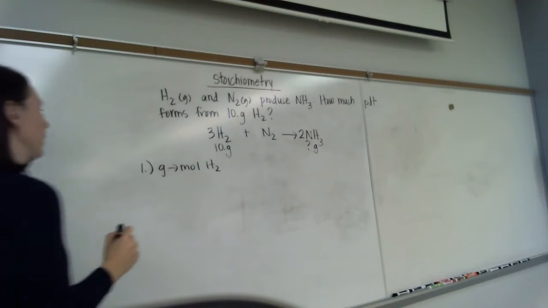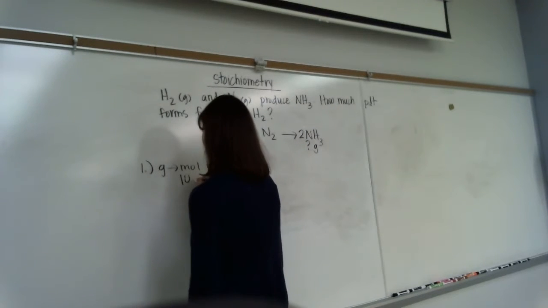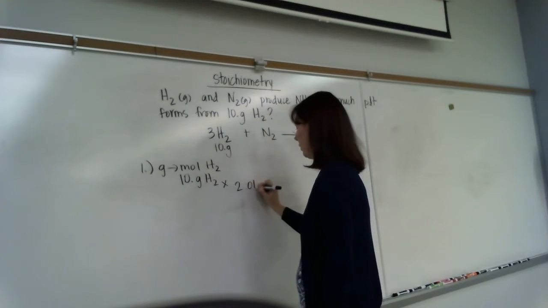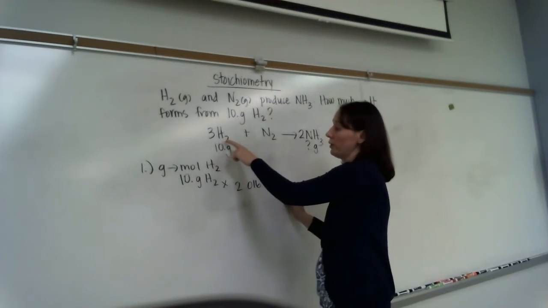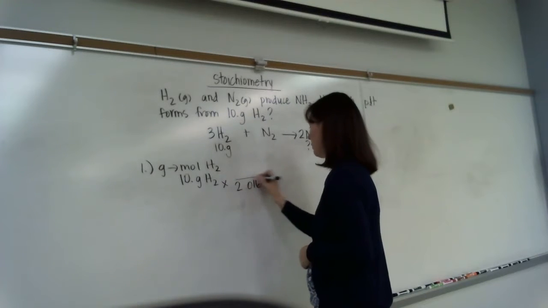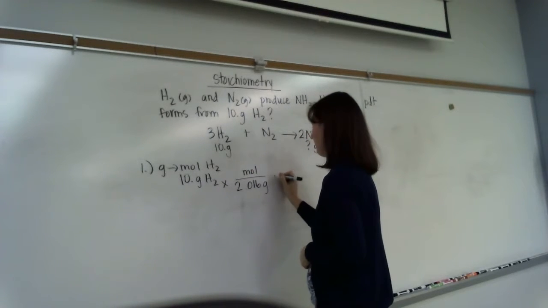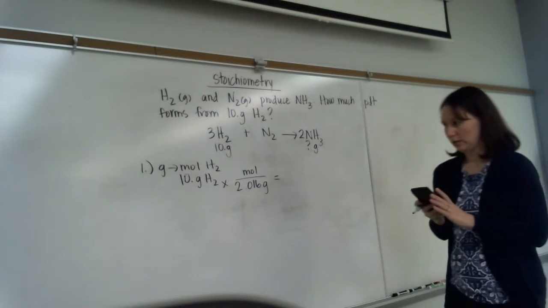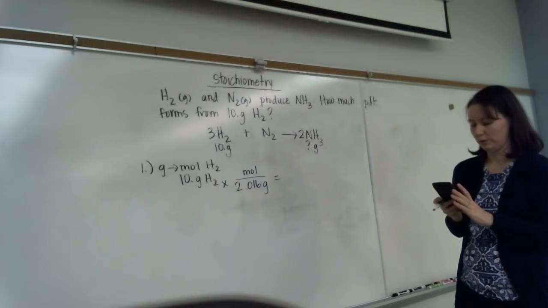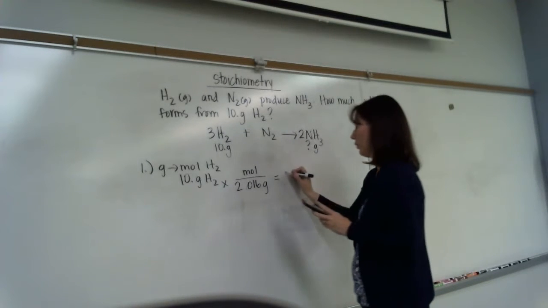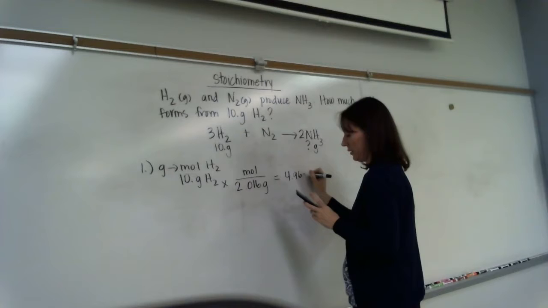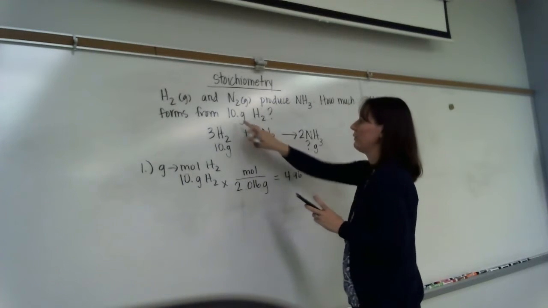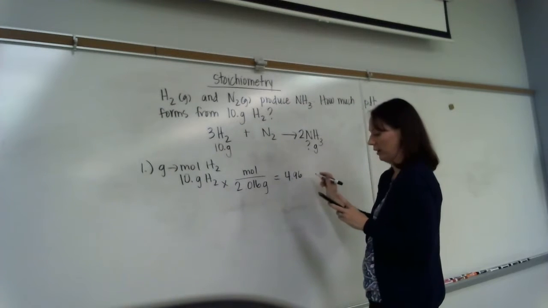So 10 grams, each H2 is 2.016 grams per mole. 10 divided by 2.016 gives me 4.960317. We have to have 2 sig figs in my final answer, so I'll just carry 1 extra.